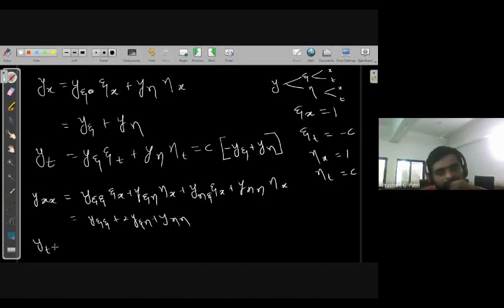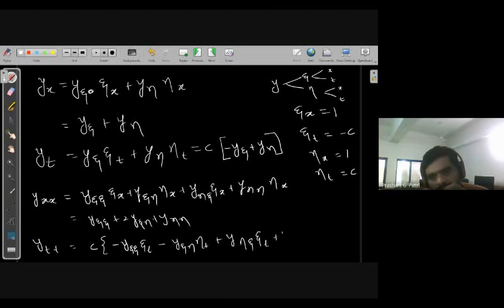Now y tt we need to calculate. That is the derivative of this quantity. Since this c is constant, we take it out. Now the derivative of minus y xi with respect to t will give me minus y xi xi xi t minus y xi eta eta t, plus y eta xi xi t plus y eta eta eta t.